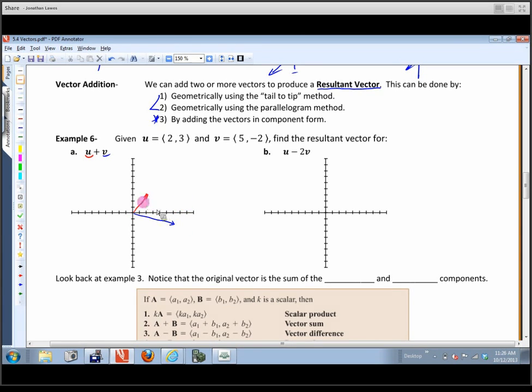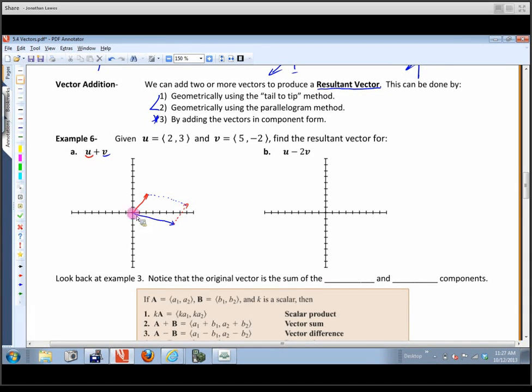So I'm just going to draw it straight over here. So it's going to look something like this. Okay, and you have to be pretty accurate about this. So I've drawn a copy of this red vector u over here, and then I'm going to draw a copy of the vector v. So that's going to be over in this direction. And you've got to be pretty careful about how you do this.